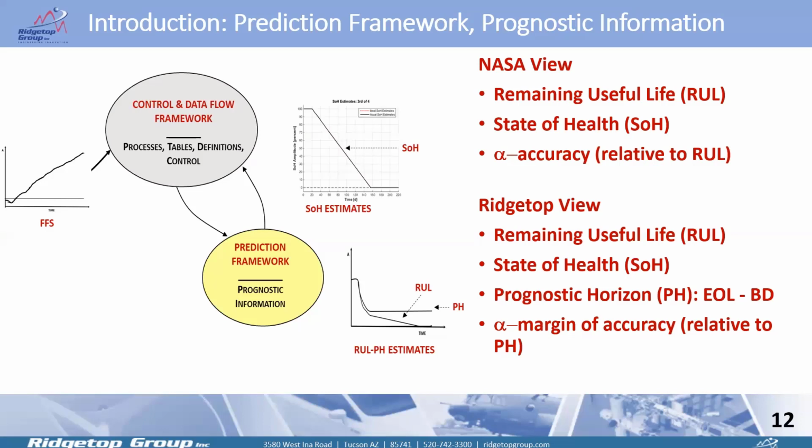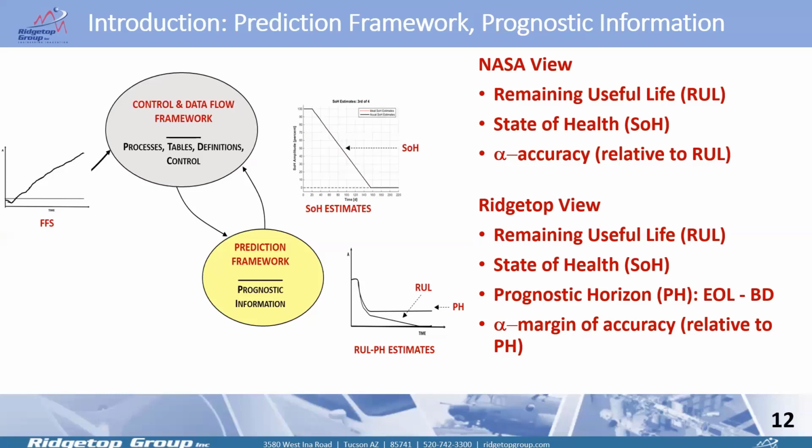So what we did, we said, you can't do that. You can't divide by a value that approaches 0. So we use prognostic horizon, which NASA had defined. We say, what if we take the initial prognostic horizon and we define it in a manner that it's constant? Ideally, it's a constant value, as seen in the middle there at the bottom of the 2 plots.